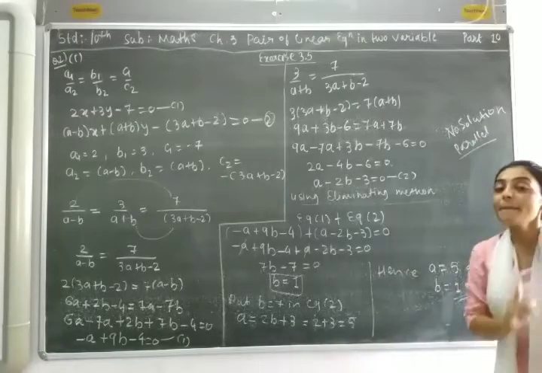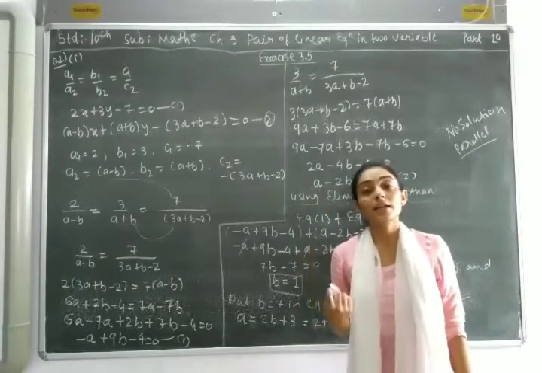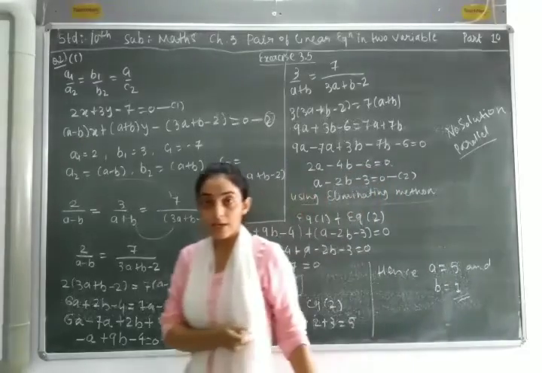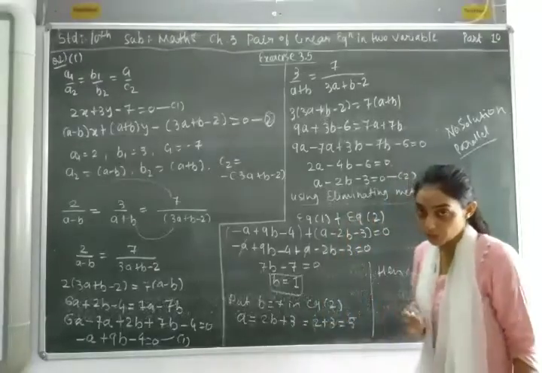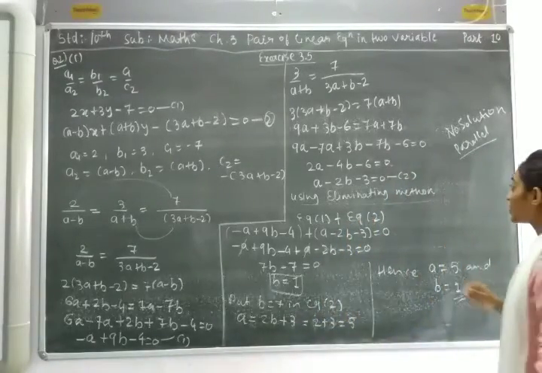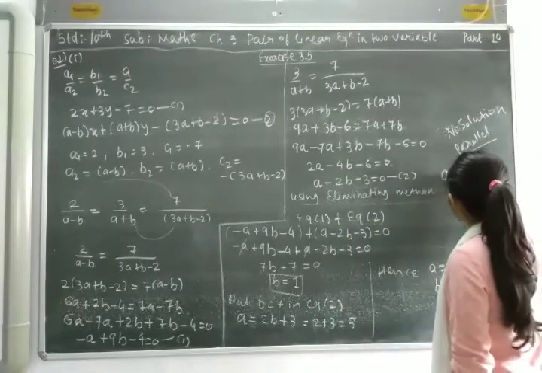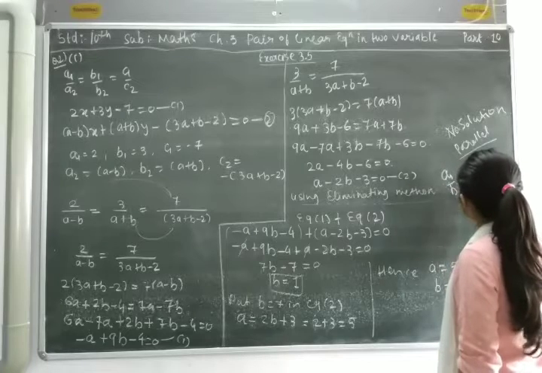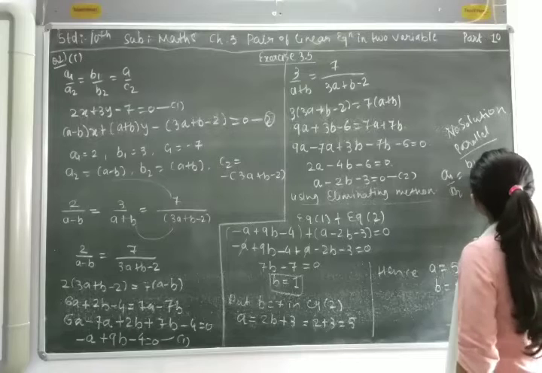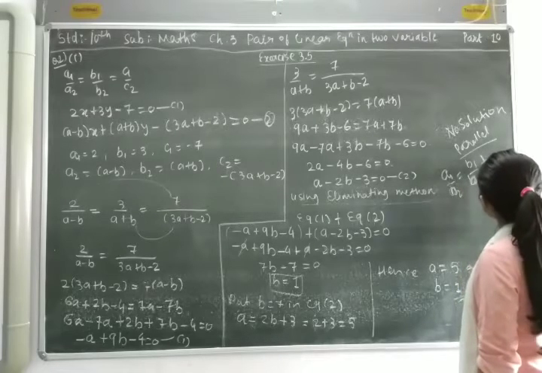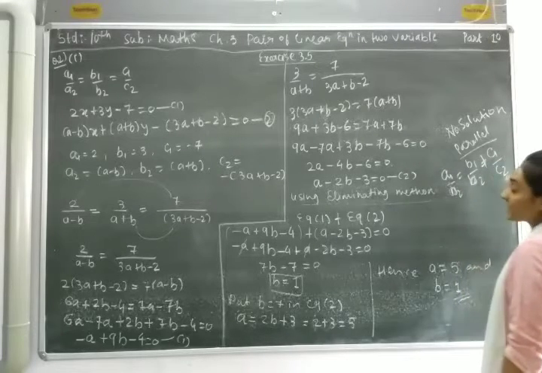Both lines should be parallel. And what is the condition for this? Whenever we compare those ratios, a1 divided by a2 equals b1 divided by b2, but it does not equal c1 divided by c2.